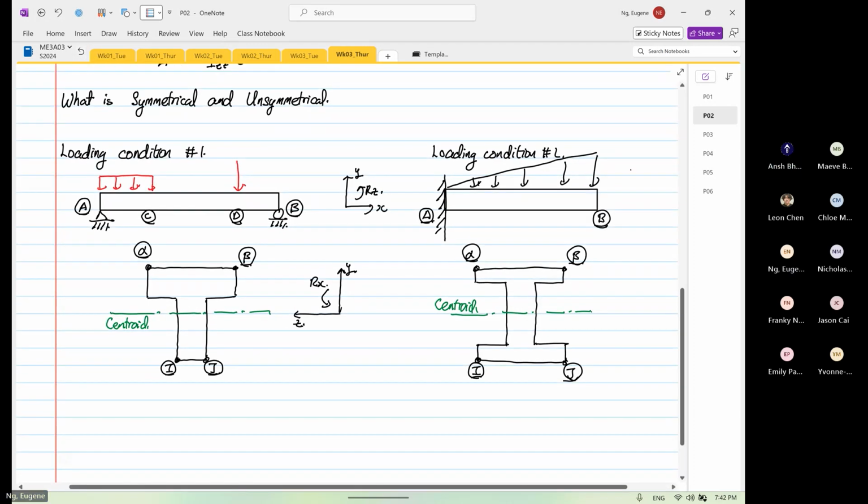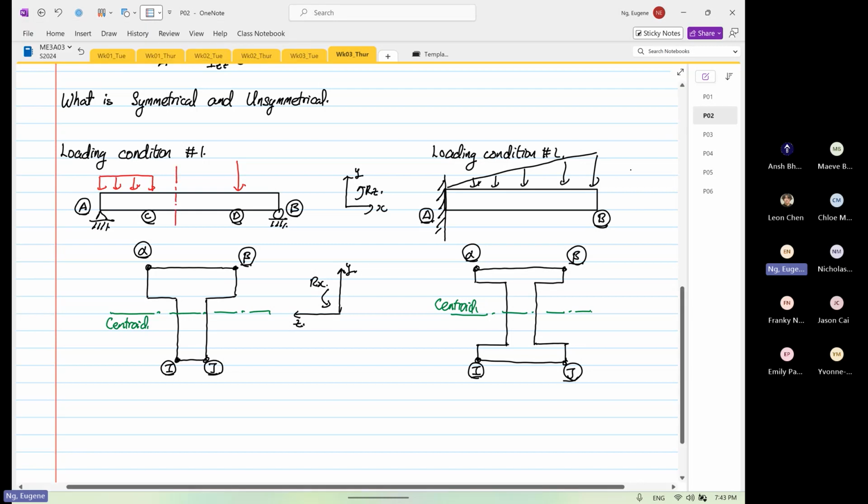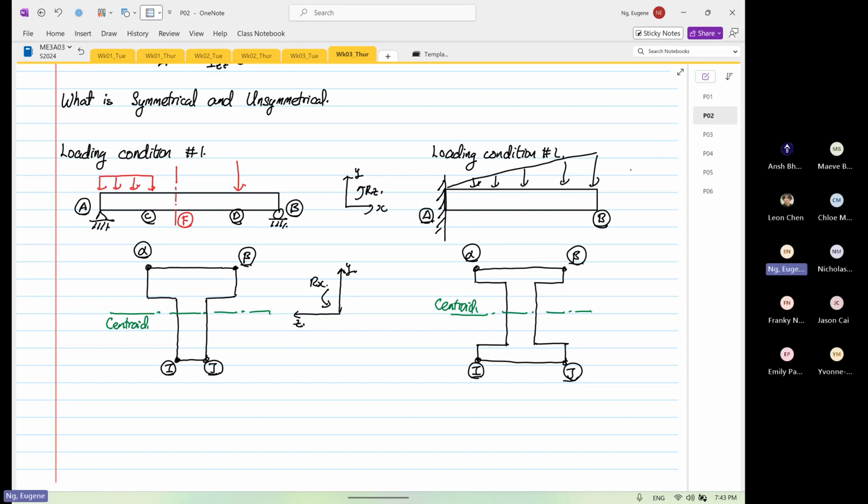Whenever we look at a structure like this, we only calculate where failure will occur. So I'm just assuming a failure will occur at point F. Point F is where failure will occur, and down here we know that failure will occur here.